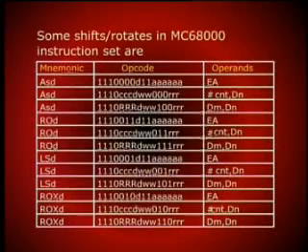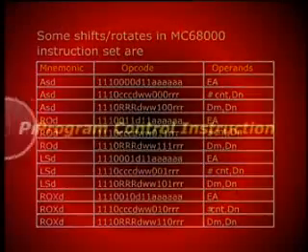Now in this case, we have arithmetic shift, rotate, and other instructions. You could just see the operands available are also indicated in the third column along with the mnemonics and opcode.